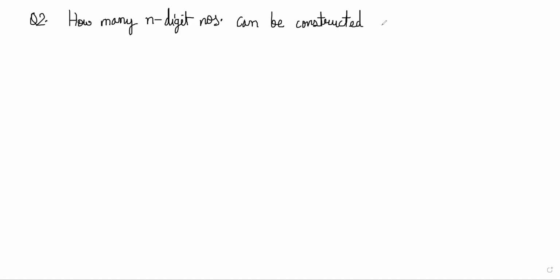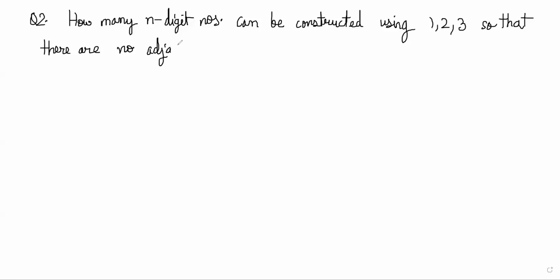Question number 2. How many n-digit numbers can be constructed using 1, 2, 3, so that there are no adjacent ones?